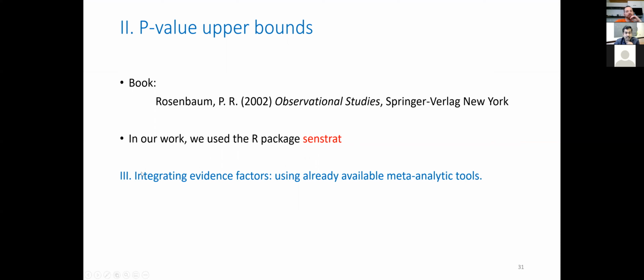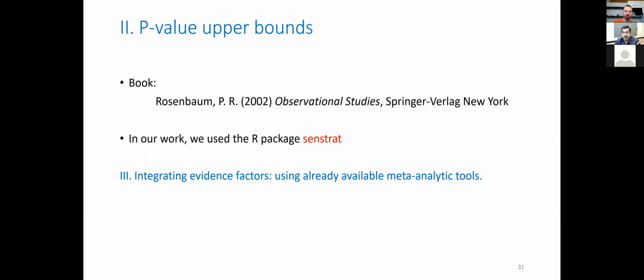And number three, which was the later part of our discussion, is how to integrate the numbers. And as I mentioned, you can use any of those methods, which are easy to implement or available in R or other packages. So those are the main tools that you need.